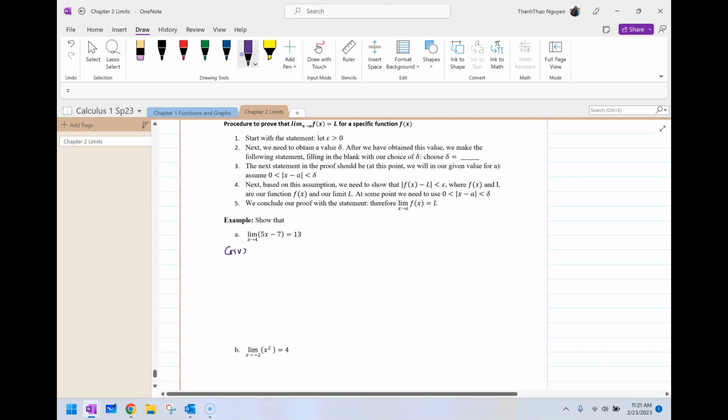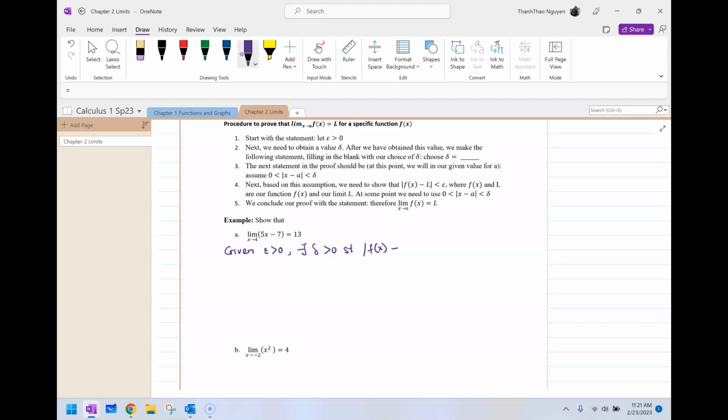Given an epsilon greater than 0, we want to say there exists a delta greater than 0 such that |f(x) - L| is less than epsilon whenever 0 is less than |x - a| less than delta.